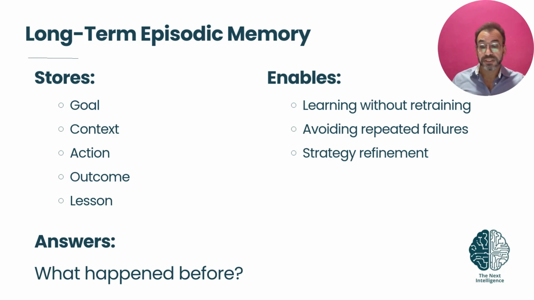The process goes like this: the agent, for example, fails, then summarizes the experience, stores the lesson learned, and then retrieves it later for another episode, where it can learn from that past experience. This is a mechanism that allows the agent's behavior to change over time in a way that simulates human learning from past experiences.